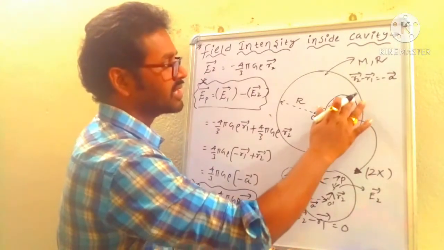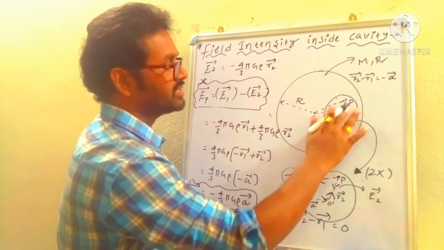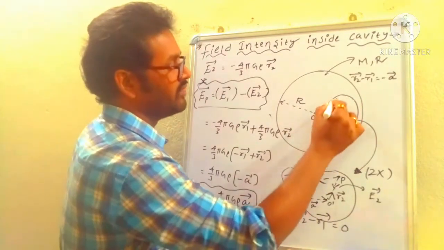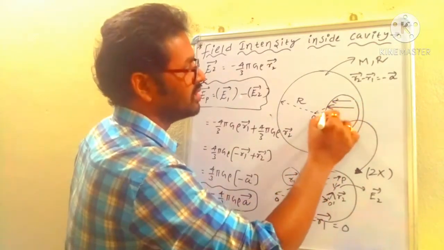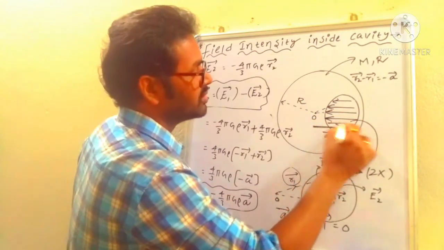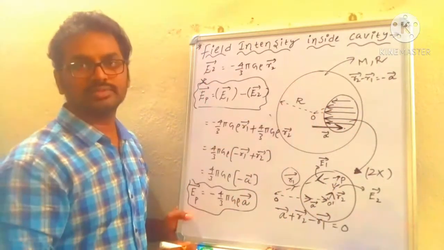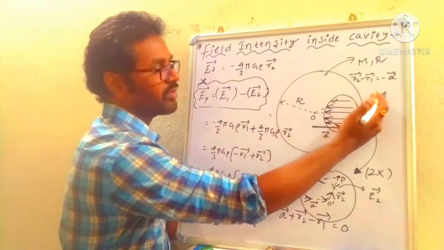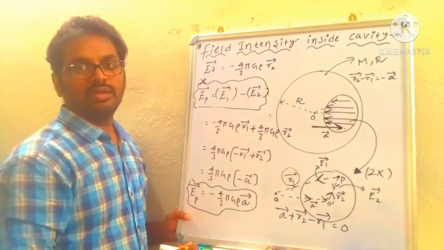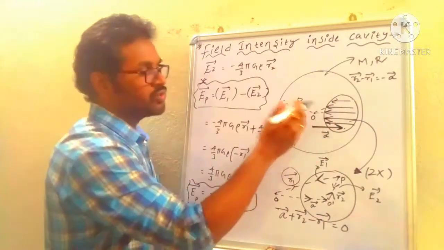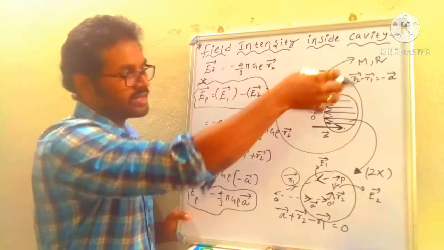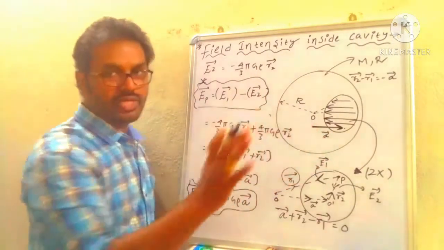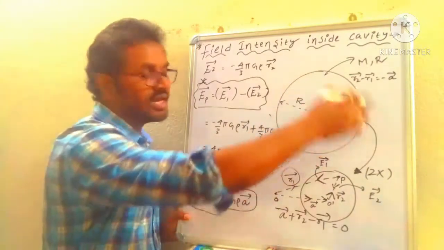So inside this cavity, the field intensity is opposite to this A bar. You can see the lines all directed from right to left. I am not saying they are directed towards the point O. They are just opposite to A bar, because it is a three-dimensional picture.